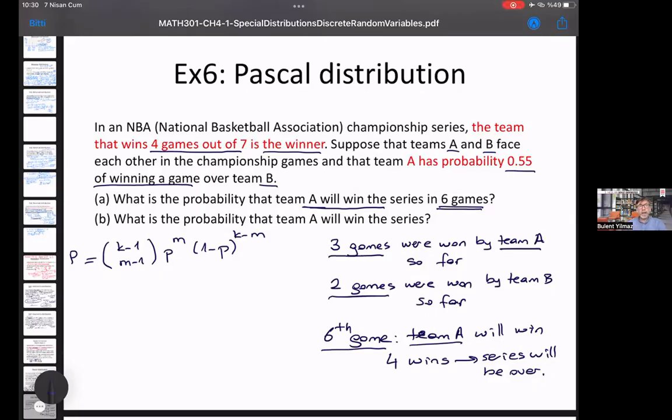It doesn't have to go until the 7th game, right? You can finish it earlier. You can win 4 out of 4, and then you're going to win the series. Is this clear, my friends?